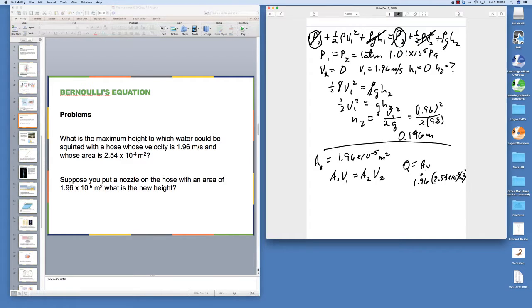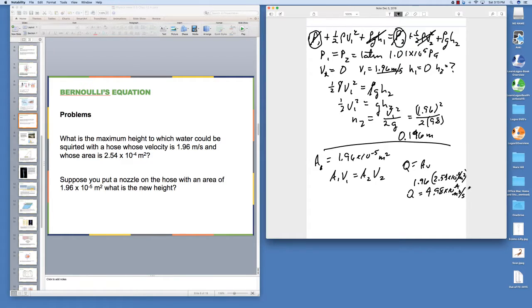So if you take this velocity and this area from the original problem, you can calculate Q, and the Q here is 4.98 times 10 to the minus 4 meters cubed per second.